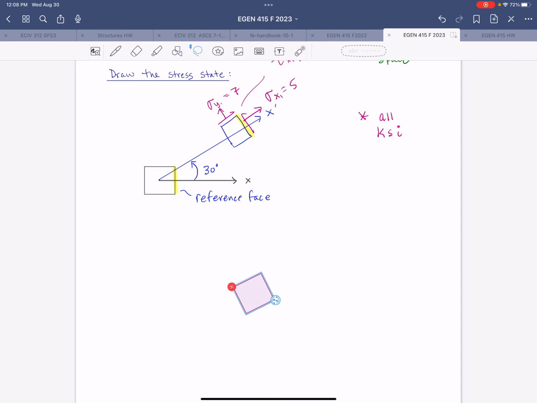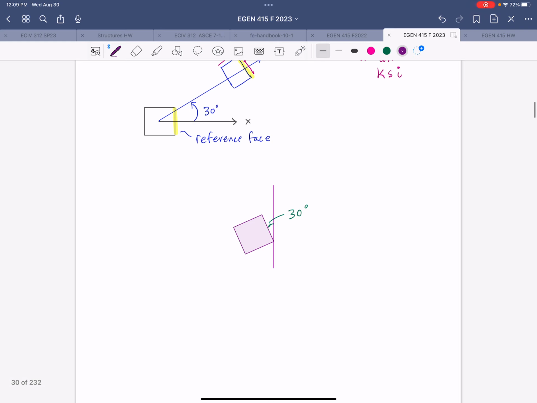Rotate it, and then include a vertical line that represents the original position of that reference face. Make sure that you show the angle. And then include the stresses on that face. You don't have to draw the normal stresses on all 4 faces, just on one representing the x and one representing the y.